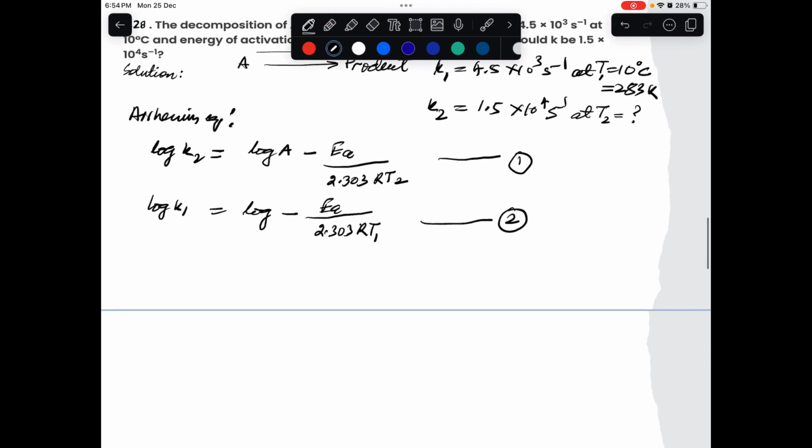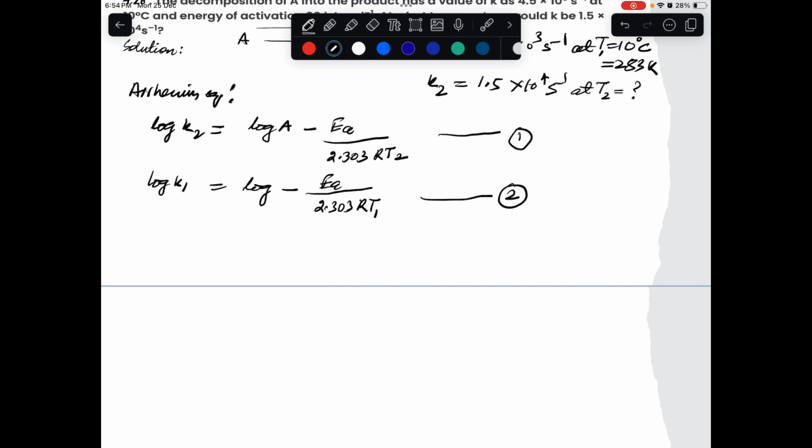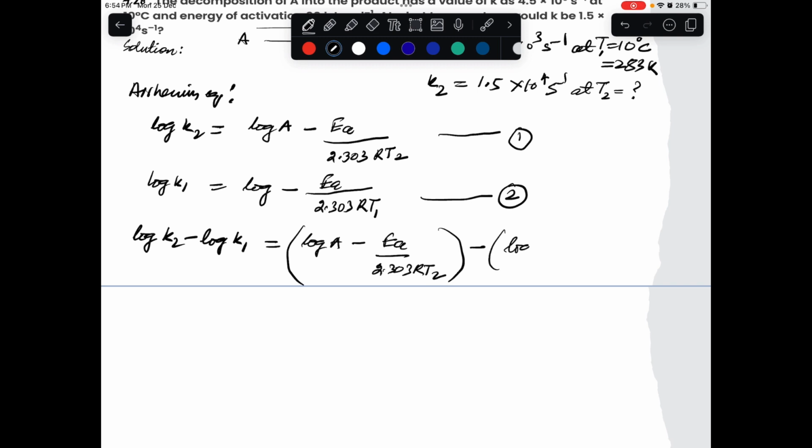So from equation number 1 and 2, we can calculate this value: log K2 minus log K1 will be equal to log A minus EA by 2.303 R T2 minus, log A minus EA divided by 2.303 R T1.